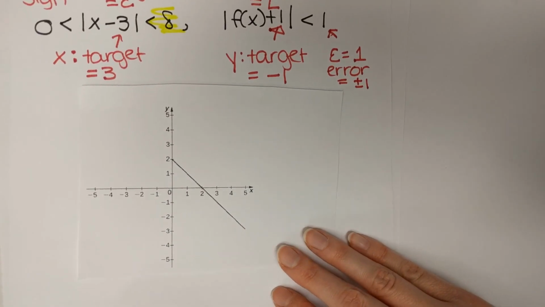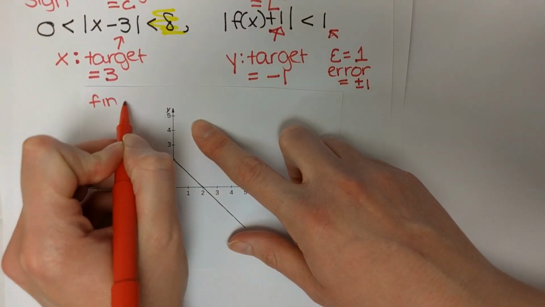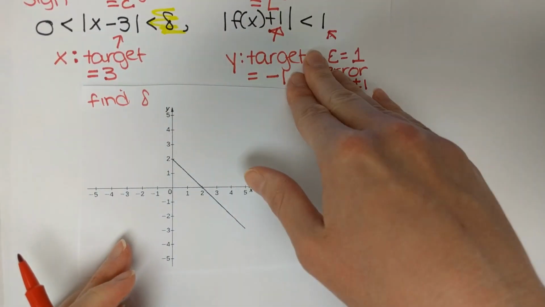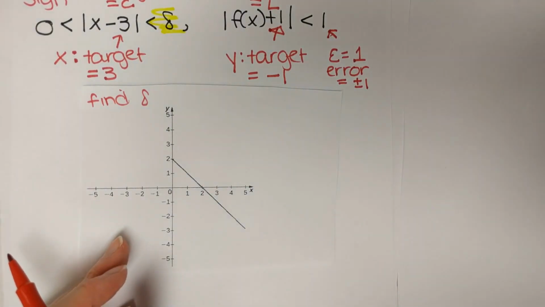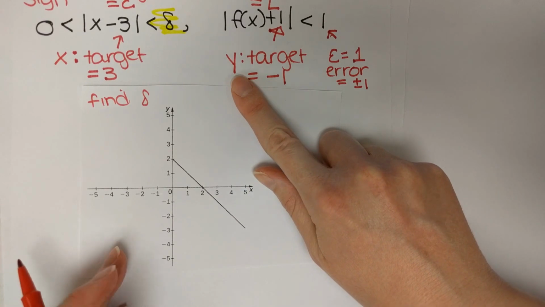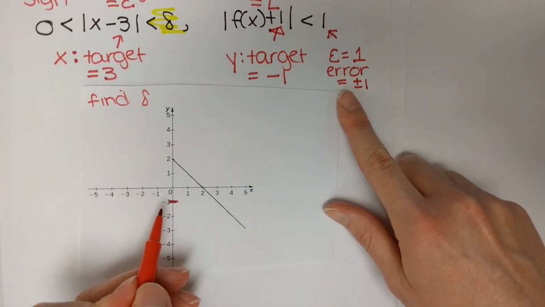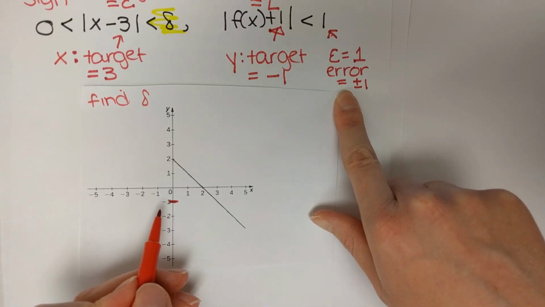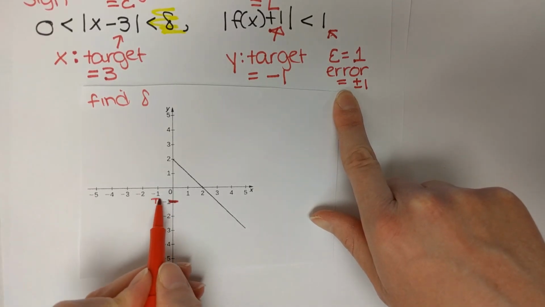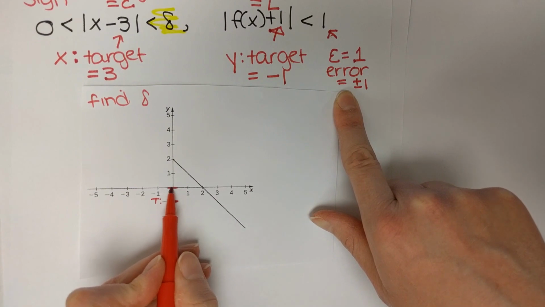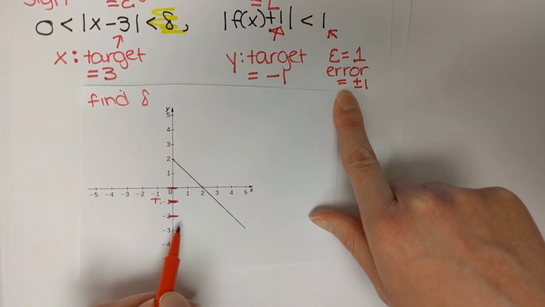So I'm going to scoot this up just a little bit here. So we're trying to find delta. And we kind of start from the back and work our way to finding delta. So we know that our y target on the y-axis is negative 1. Okay? We know that the error on the y-axis is plus or minus 1. So our target is negative 1. We go up 1 and then down 1 from that target.